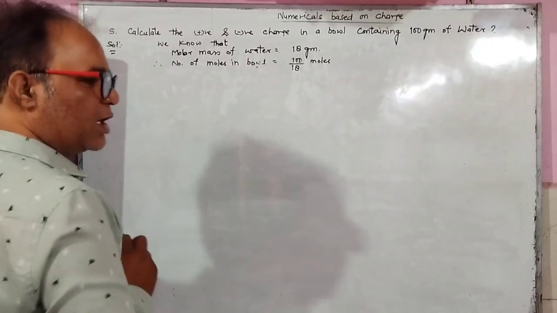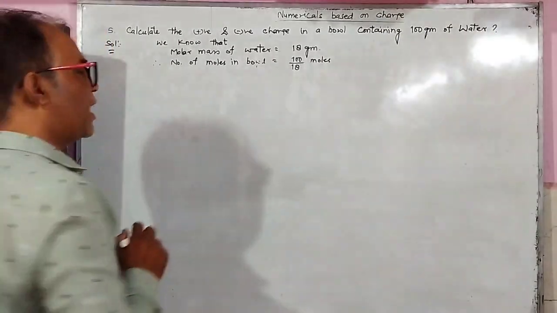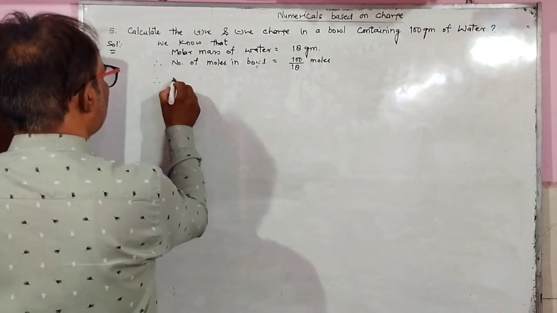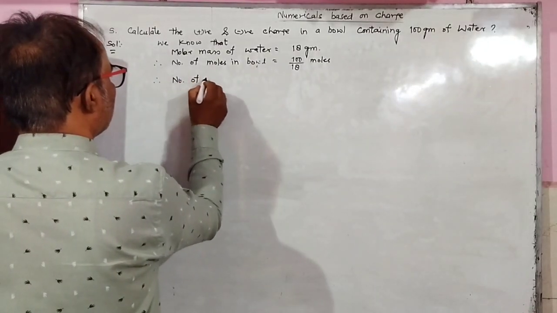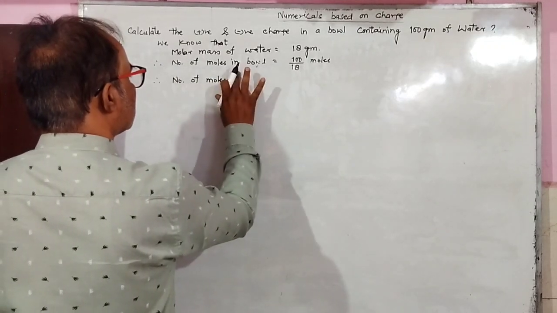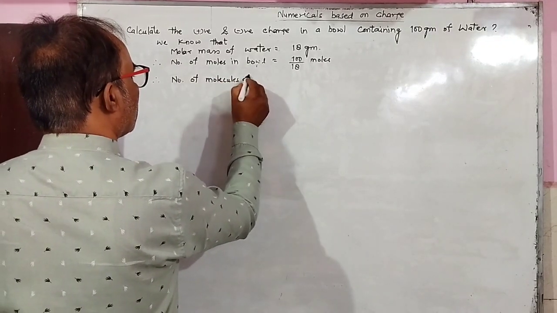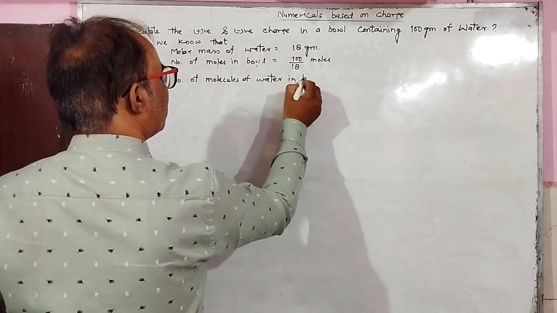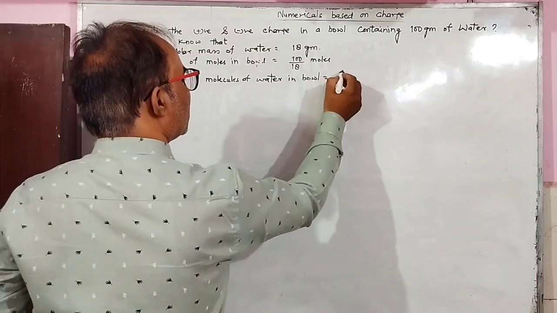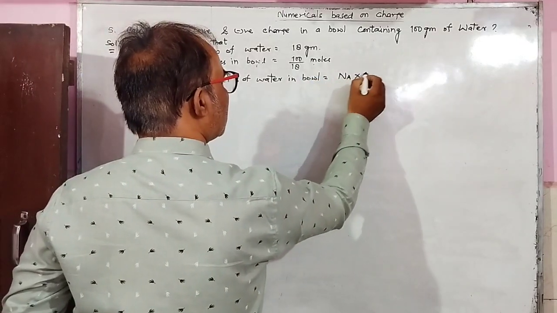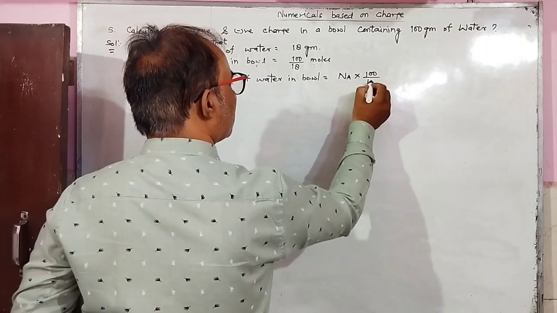We know that 1 mole contains entities equal to Avogadro number. Therefore number of molecules of water in bowl will be equal to Avogadro number into number of moles.